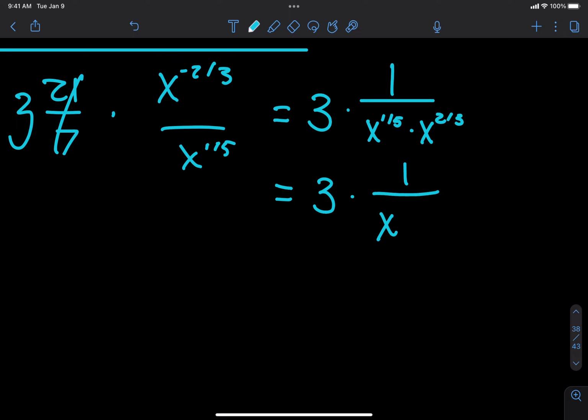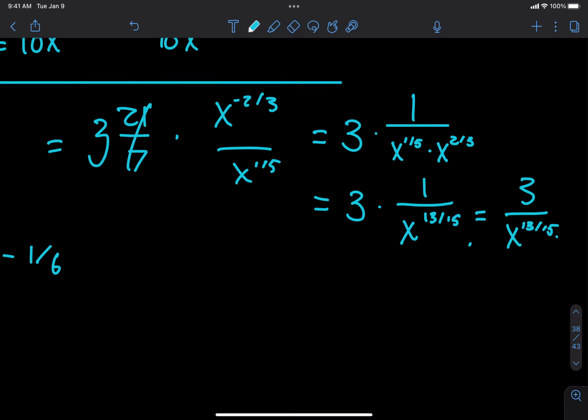We would get 3 over 15 and then 10 over 15. So they would add together to 13 over 15, right? I think I did that right. So that's just 3 divided by x to the 13 over 15.